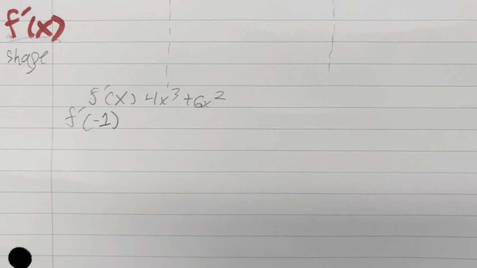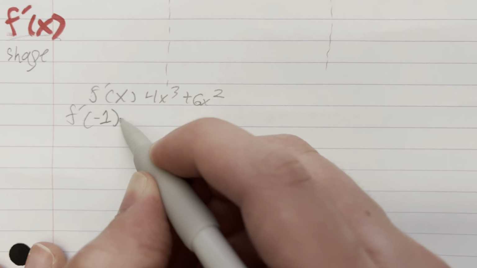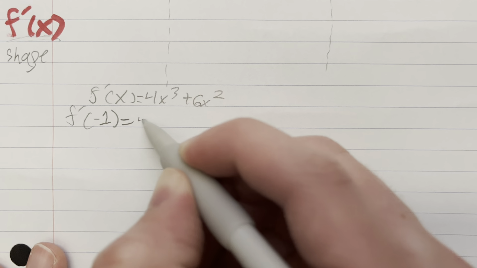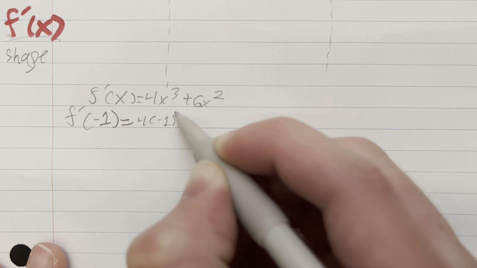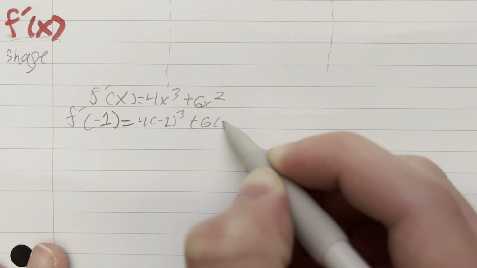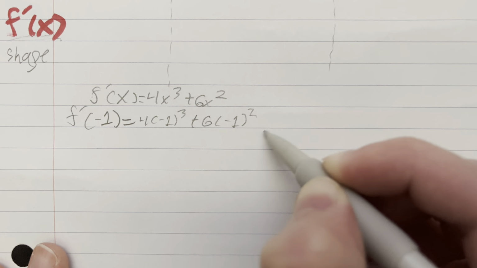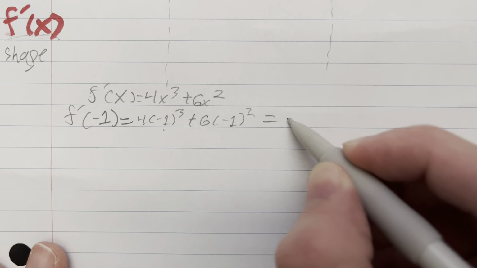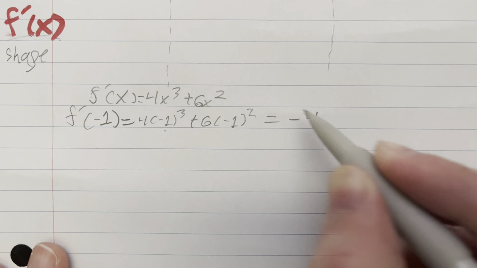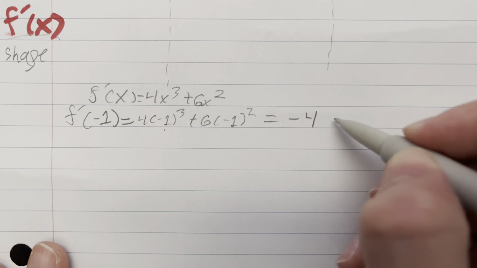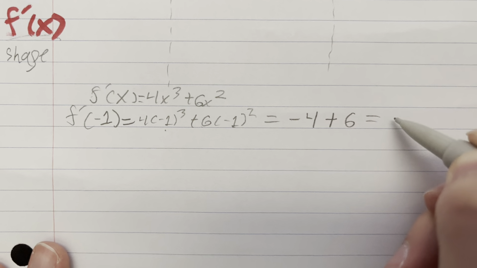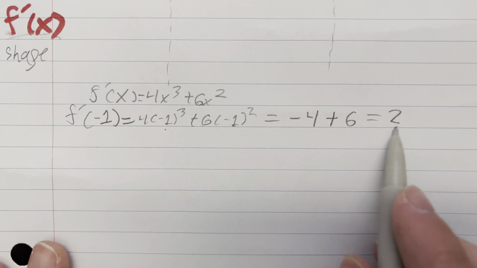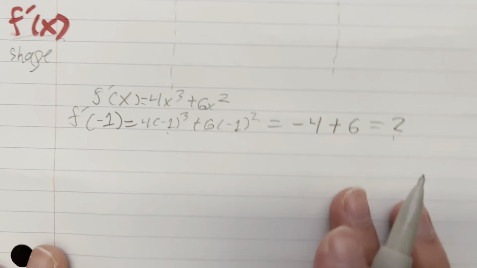And so f prime of -1 is going to equal 4 times -1 cubed plus 6 times -1 squared. -1 to the third power is -1, so -4, plus -1 squared is 1, so plus 6, which is equal to 2, and that is a positive value. It's very important that that is a positive value.